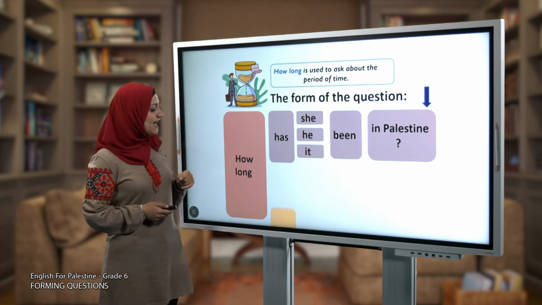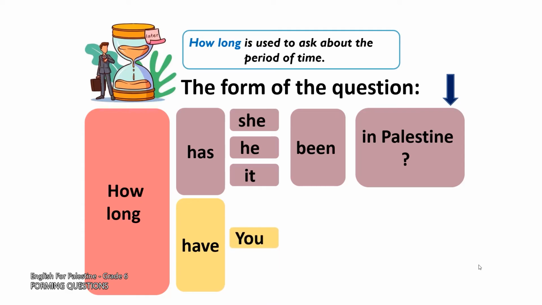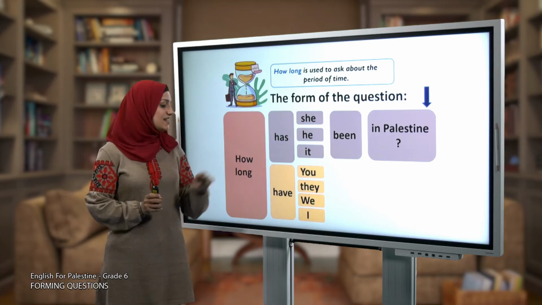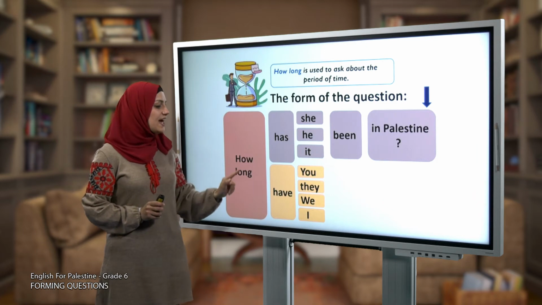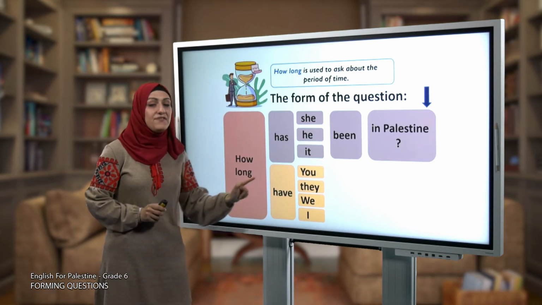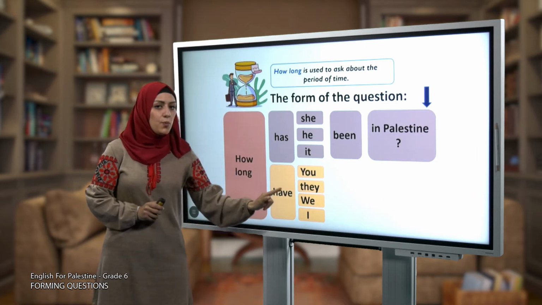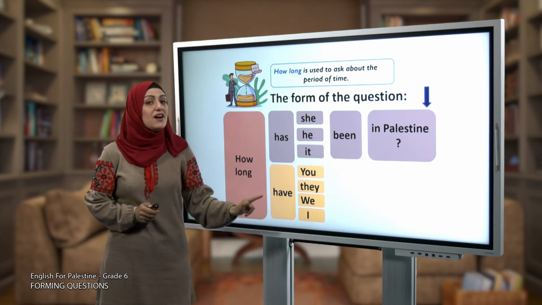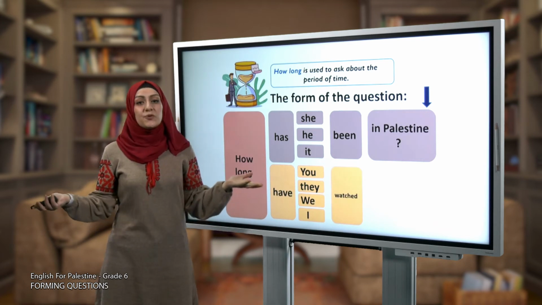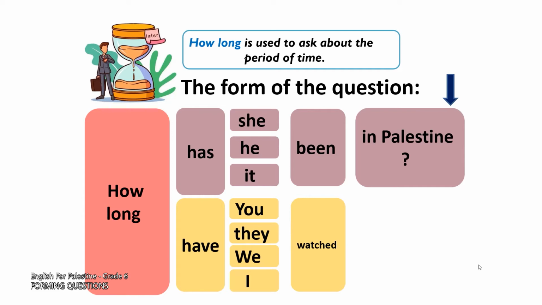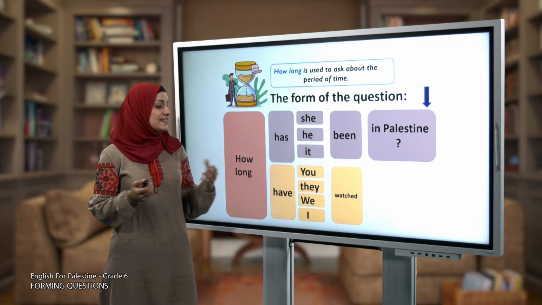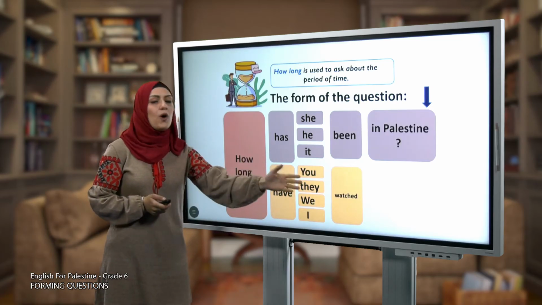Now let's look at have. If I have you, they, we, and I, we should use have. How long have you? How long have they? How long have we? And how long have I? And after that, of course, we use verb 3 of the verb, the past participle, watched.